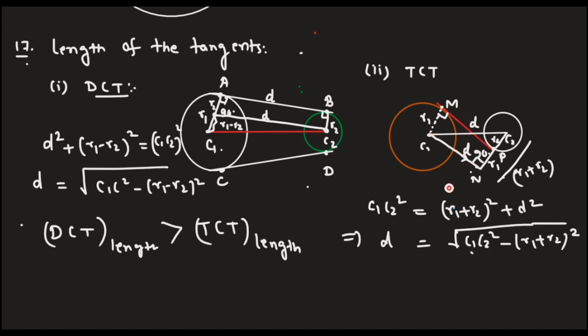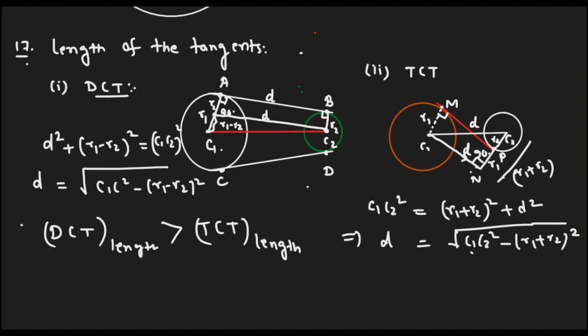This hypotenuse is nothing but the distance between the centers. So the distance between the centers whole square minus (R1 plus R2) whole square is equal to D square. From there we can calculate D. Since you are going to subtract a larger value from C1C2 square, this value becomes lesser compared to the earlier D. So we say that the DCT length for the same set of circles is more than the TCT length, the transverse common tangent length.